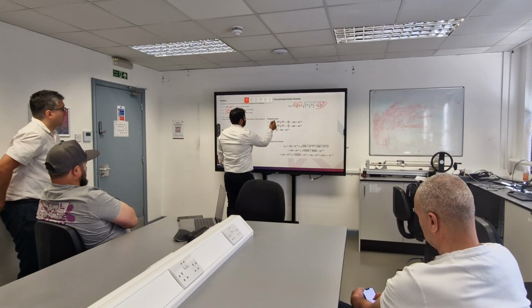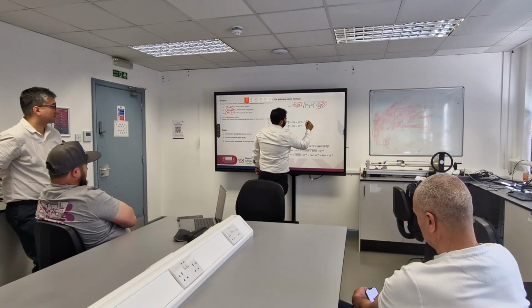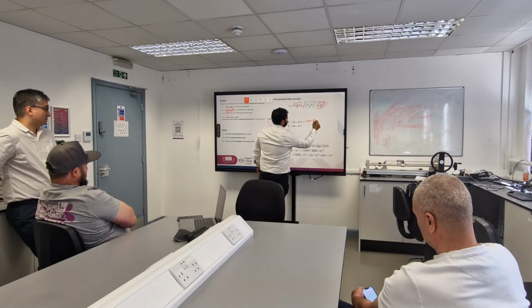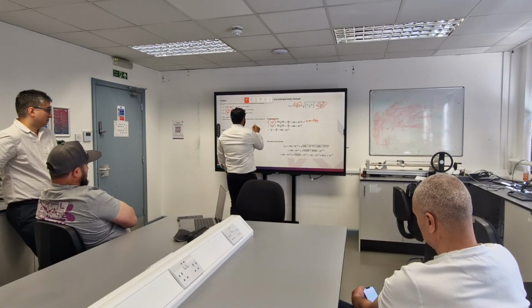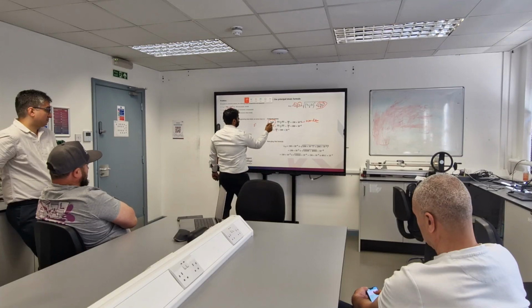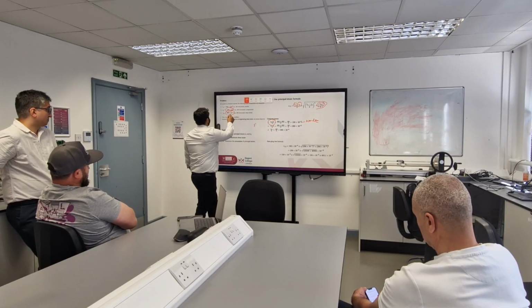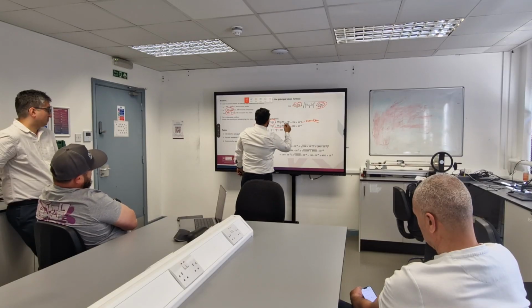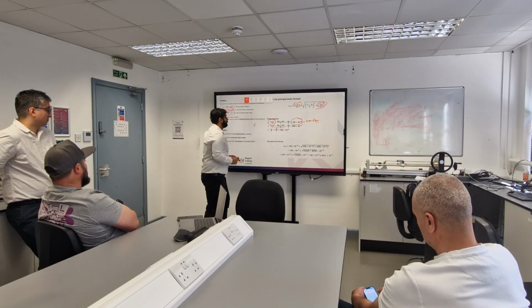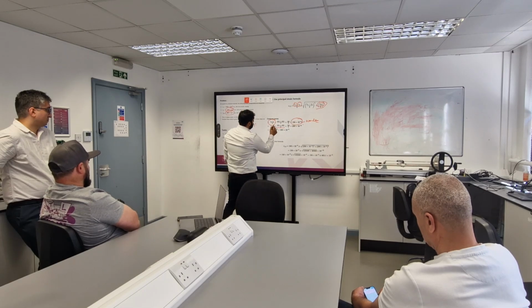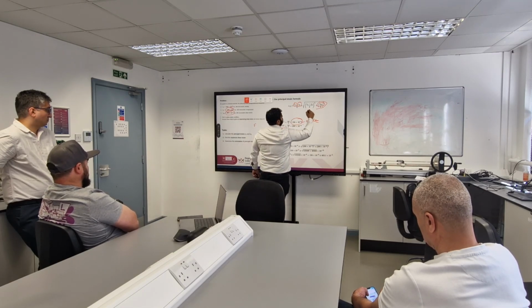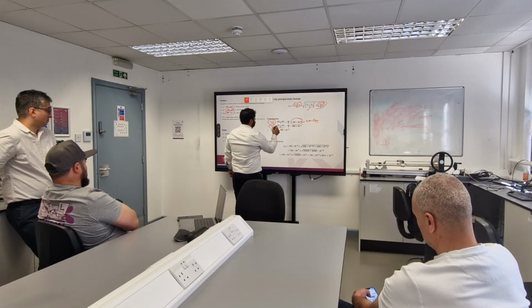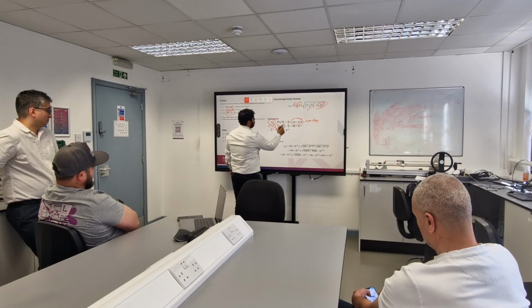So firstly we will find the normal strain. It is epsilon x plus epsilon y by 2. It is minus 200. So we put the values and we get the value of epsilon x plus epsilon y normal as 150 times 10 raised to the power minus 6. Now we come to the second point, epsilon x minus epsilon y by 2. It will be 500 minus minus 200 by 2.